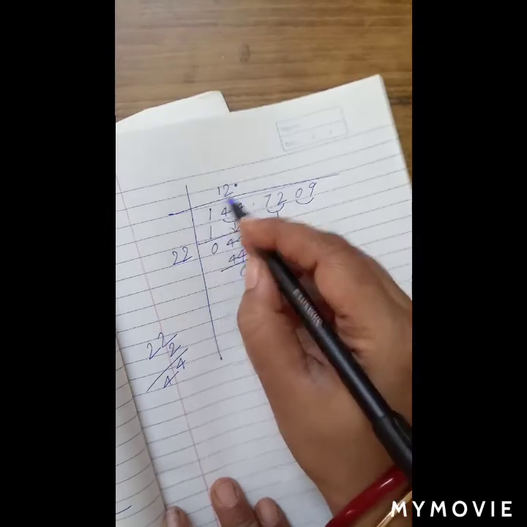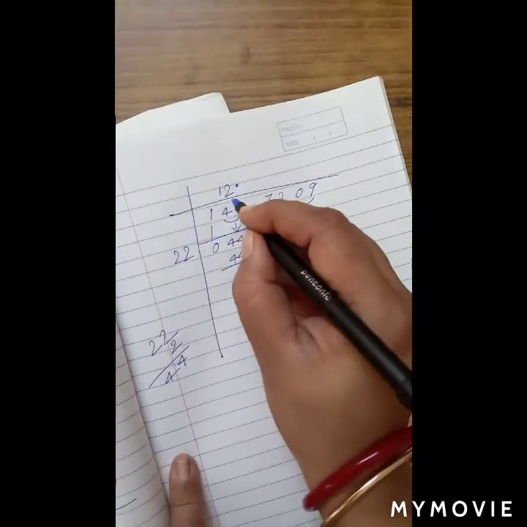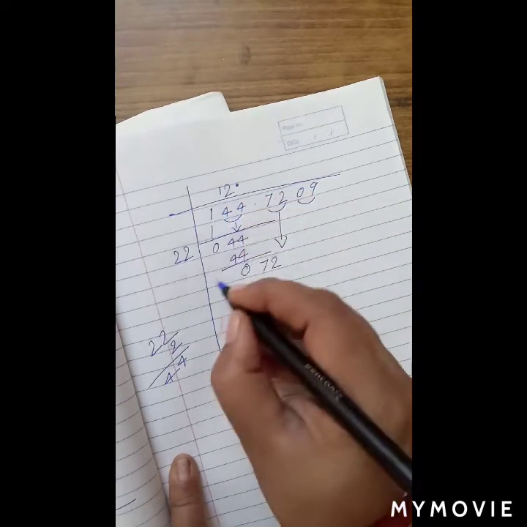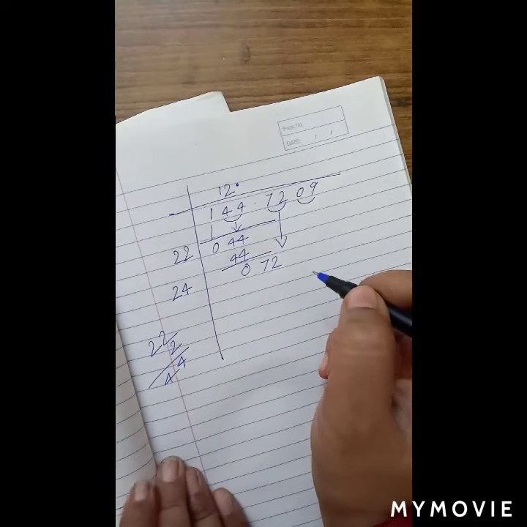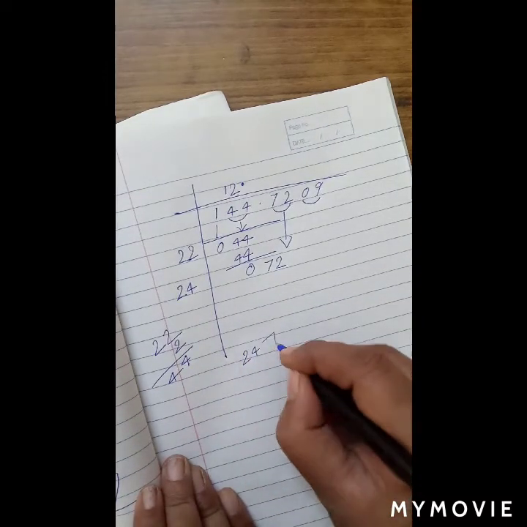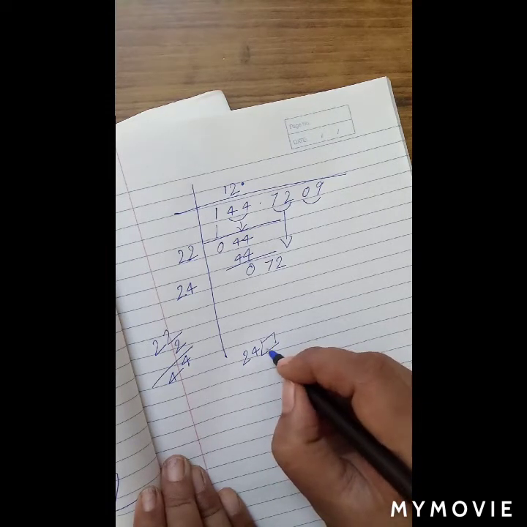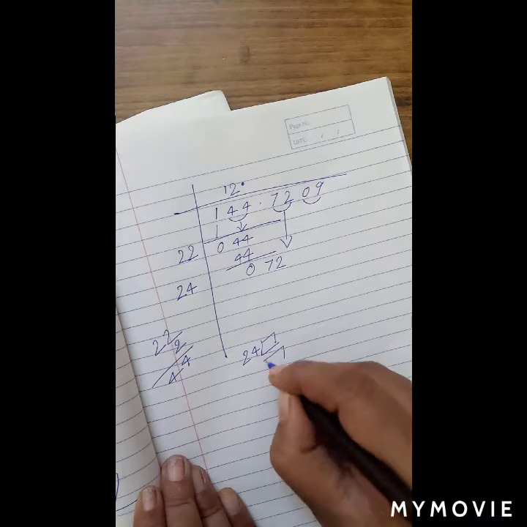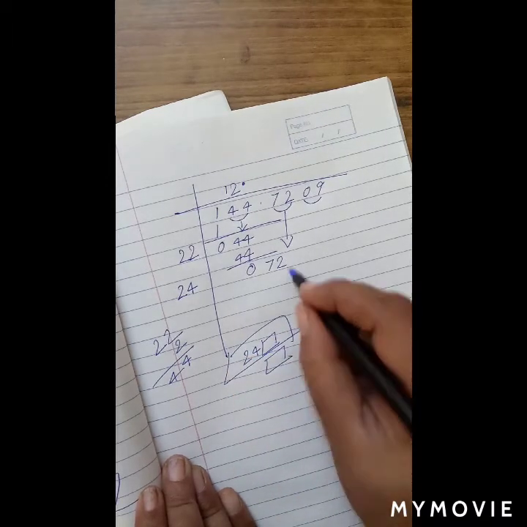Now we will double it. So this part, this is 12. After it's been doubled, it will become 24. Now something has to be concatenated with 24. And that concatenated number has to be multiplied with this entire number.